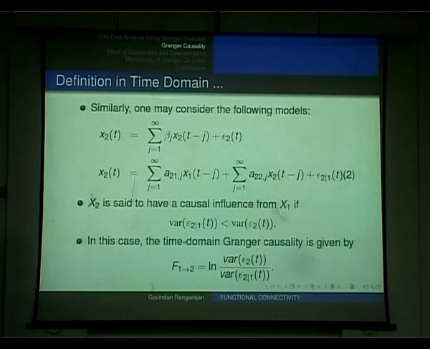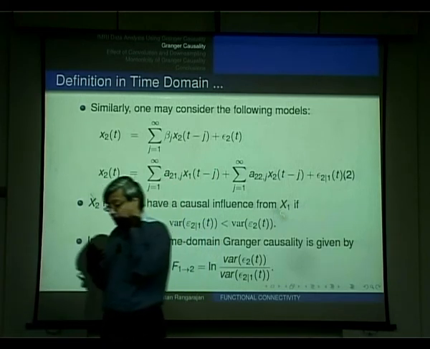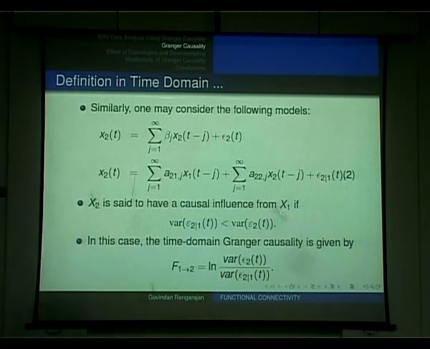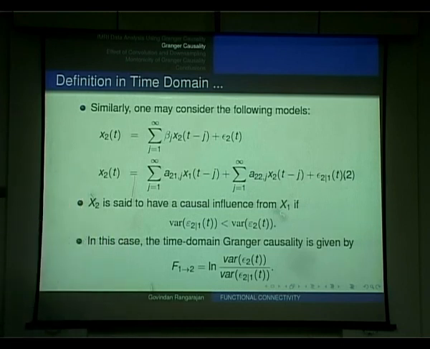That is the advantage Granger causality has over traditional correlation analysis, and that is why it has become very popular. Therefore, we have this quantification of Granger causality between two processes.